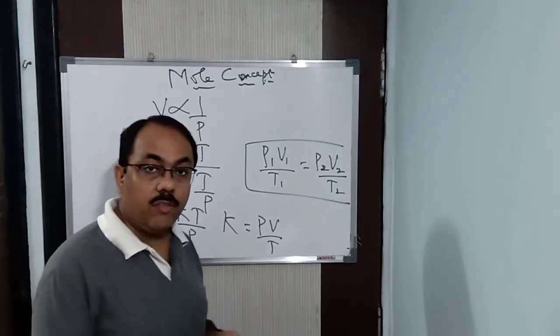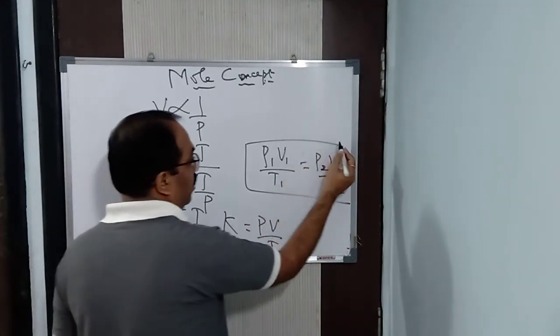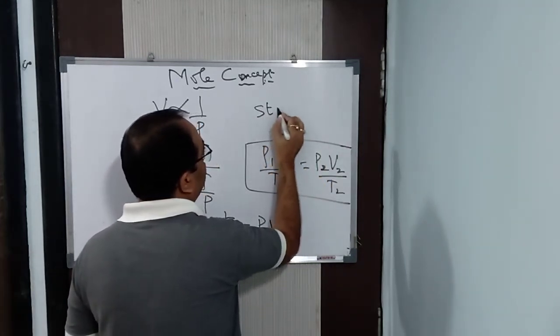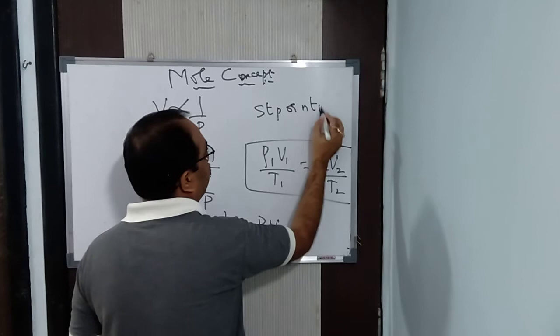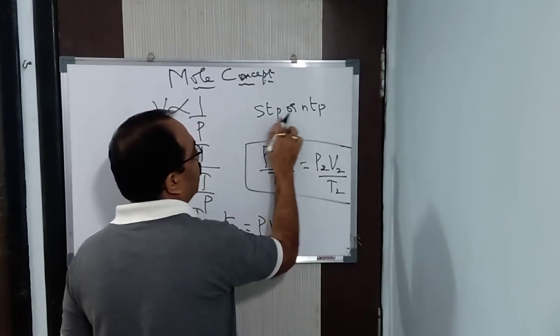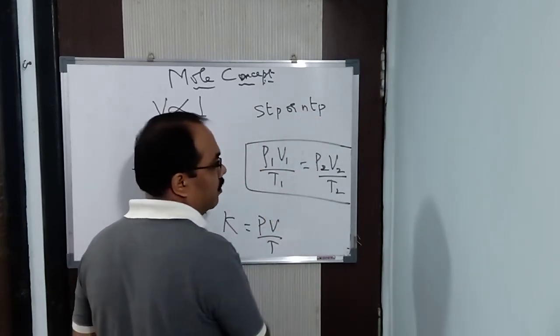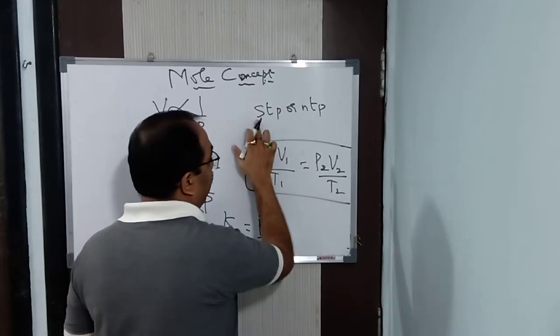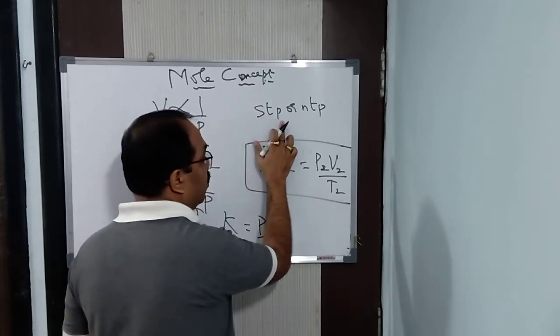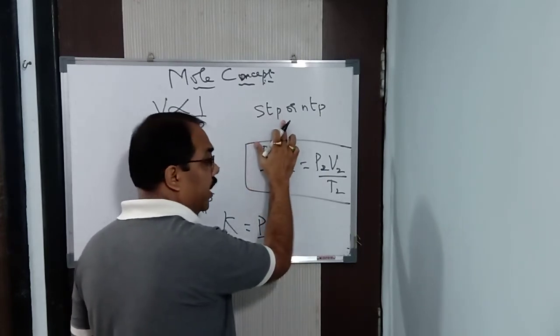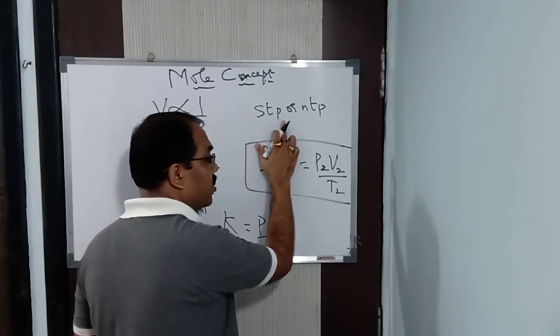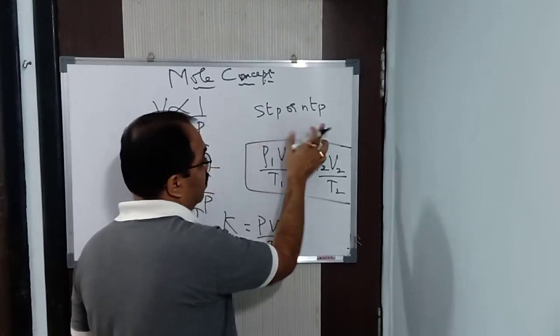Here one term we generally use in the perfect gas equation is STP or NTP; both are the same. STP means standard temperature and pressure, NTP means normal temperature and pressure. The temperature is 273 Kelvin and the pressure is 1 atm or 760 mm of Hg, or 760 torr. Same thing.